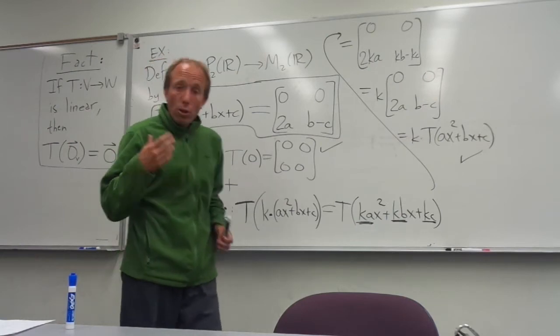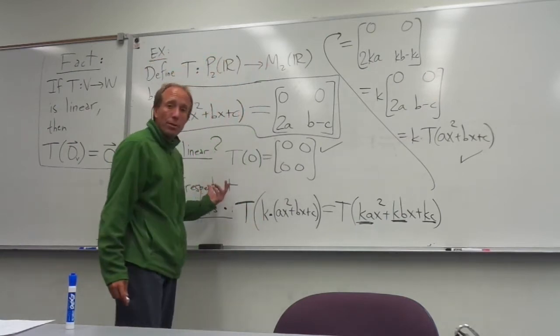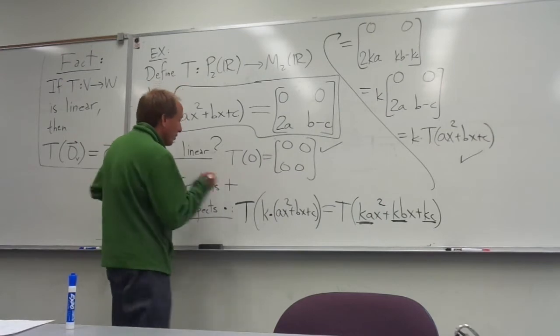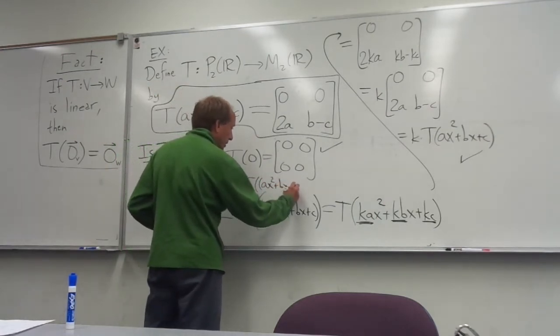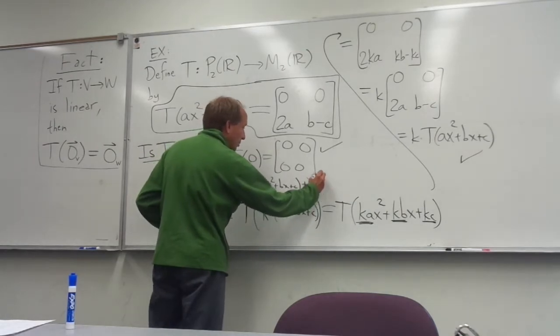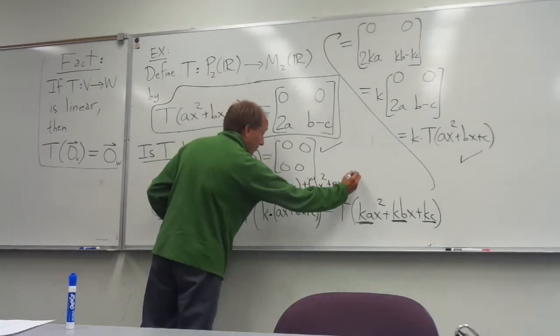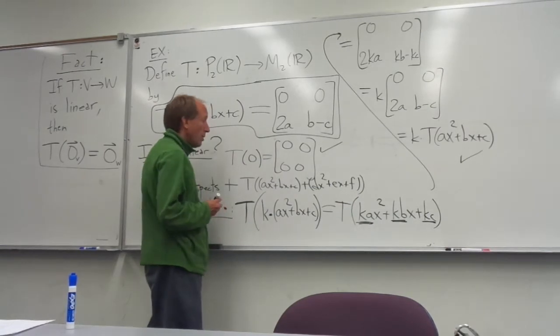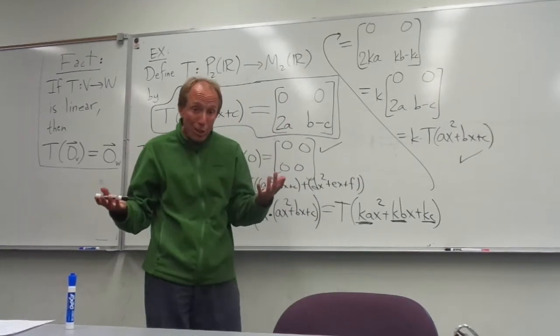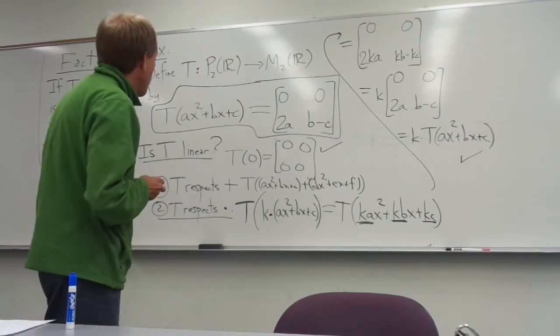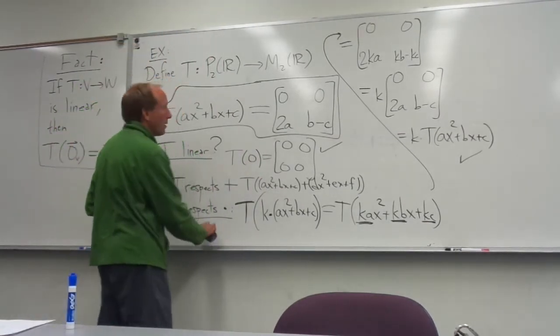Turns out that T also respects addition, and I would encourage you to try that part. For that one, you're going to, of course, have to use 2 polynomials, ax squared plus bx plus c, and then you're going to have to add that to dx squared plus ex plus f. The variable is always x, but you have 2 different sets of coefficients for those 2 polynomials. So that's how that would work.